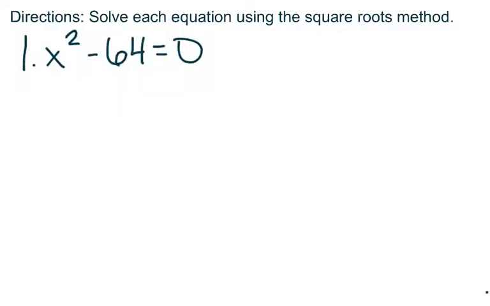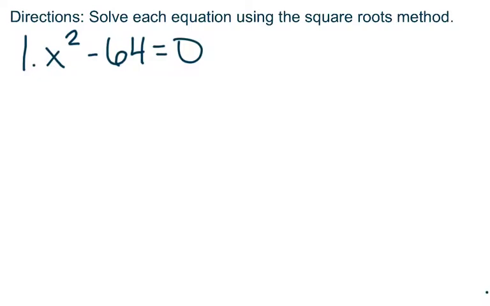Alright, so notice we are going to solve the equation using the square roots method. And if you look at number 1, you have the ax squared term, and then you have the c term, and it equals 0. You don't have the b term, which is what you want it to look like when you're going to use this method. So this method is not going to work for every time. So if it has a plus number x in the middle of this, do not use this method.